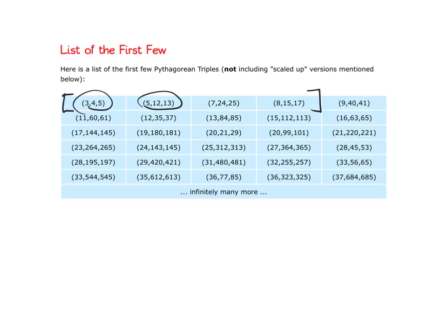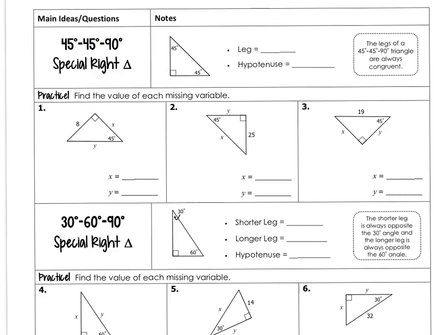Again, I don't place a lot of emphasis on this. This is really just an old trick from the old SAT. With the new SAT, I'm not even sure they place much emphasis on it because some of it requires memorization. And if you understand the Pythagorean theorem, as long as you're given two numbers, you can calculate the third side, right? So let's move on to special right triangles.